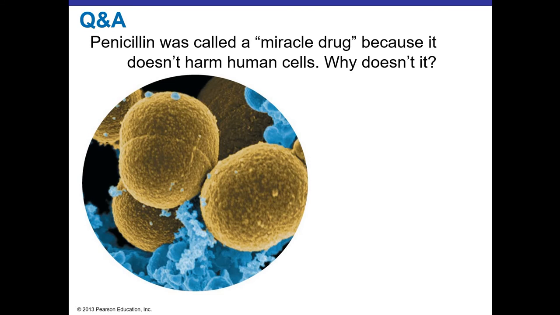Penicillin works better on gram-positives than gram-negatives. And as soon as we started to use the miracle drug, we also started to see those organisms that were resistant to penicillin. And therefore, penicillin is still a very useful antibiotic, but by no means the miracle drug.